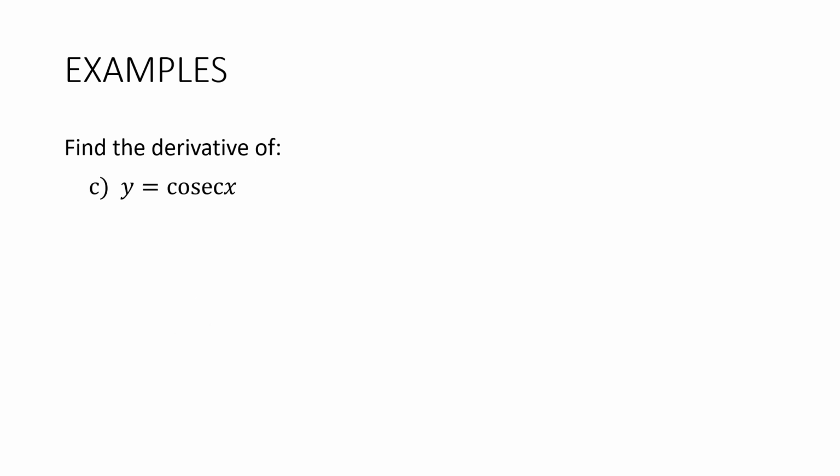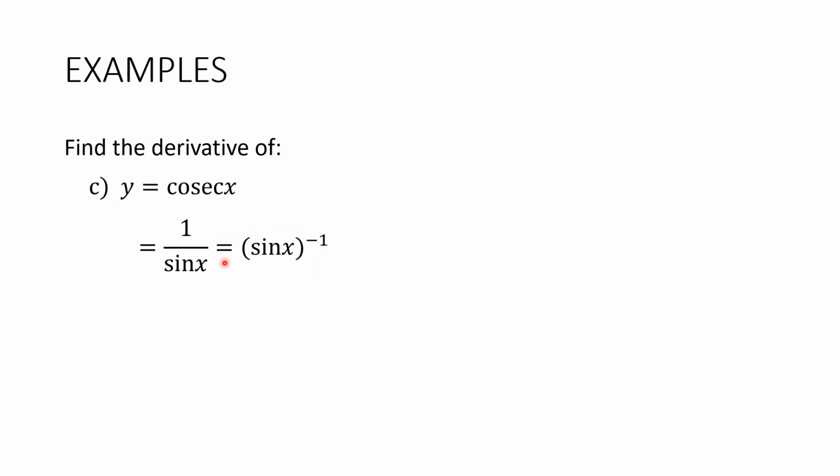And last one, the derivative of cosec x. Remember, cosec x is 1 over sine x. Now we could do this as a quotient rule. It's a bit of overkill, or we could lift it up the top like this and do a chain rule. So 1 over sine x is the same as sine x all to the power of negative 1.